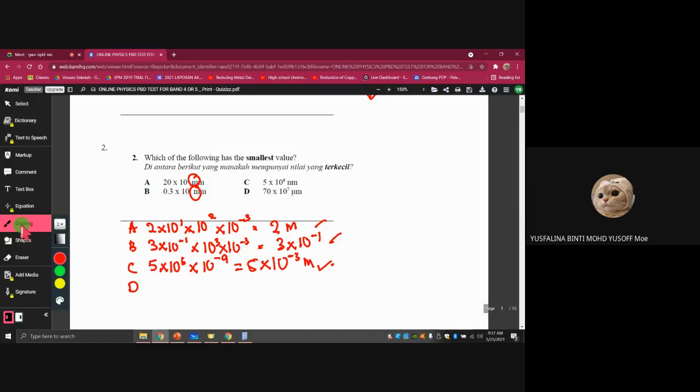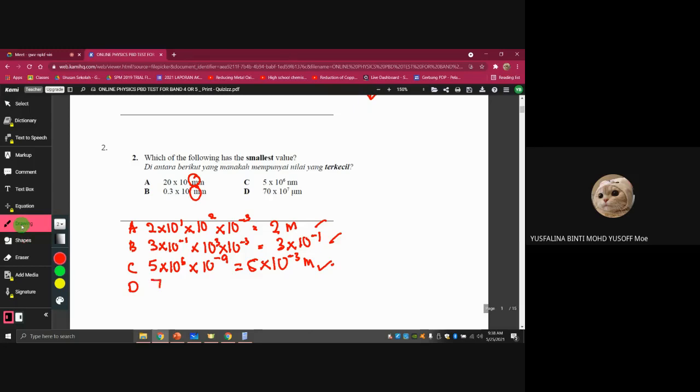For D, what is a micro? Micro is 10 power of what? What is the prefix value for micro? This is actually the symbol for micro. 700.